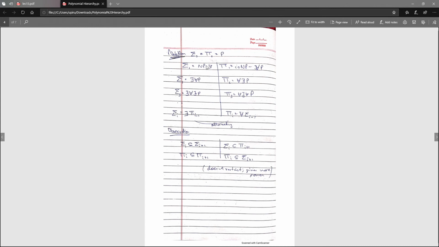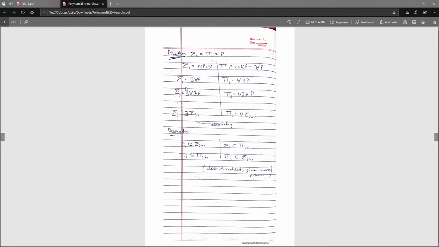In a similar fashion, we extend our concept to pi 2, sigma 2, pi 3, sigma 3, just alternating between these quantifiers. Remember that when we use sigma, we start with the existential clause, and when we talk about pi, we start with the universal quantifier, and then keep alternating depending on the level. If it's level 2, you alternate 2 times; if it's level 3, you alternate 3 times.